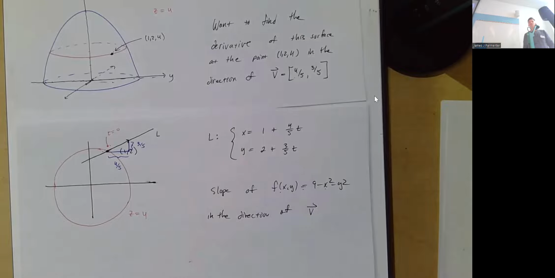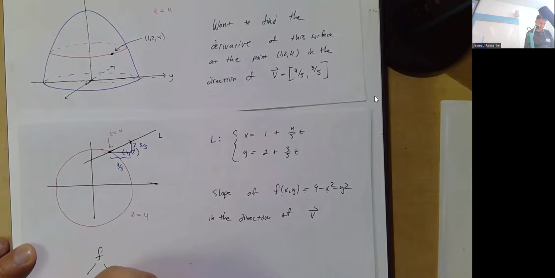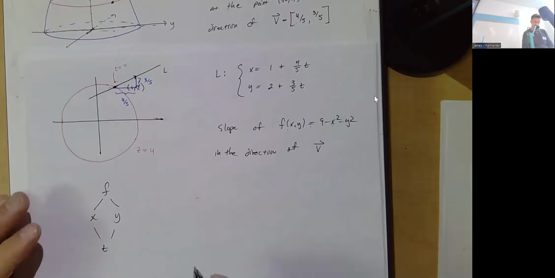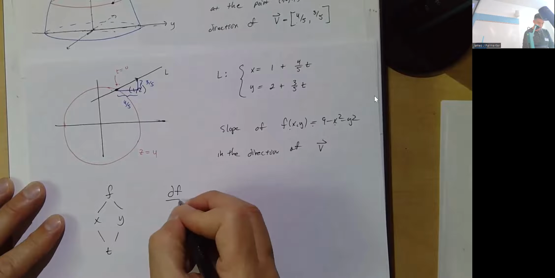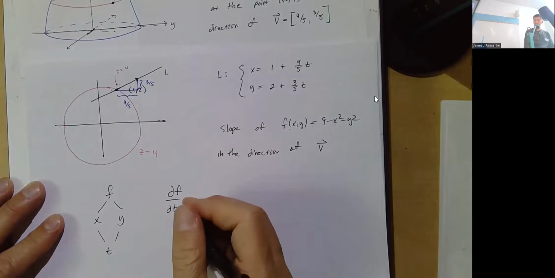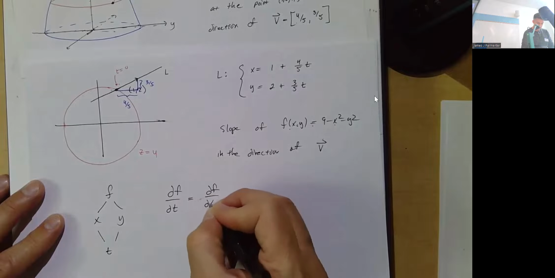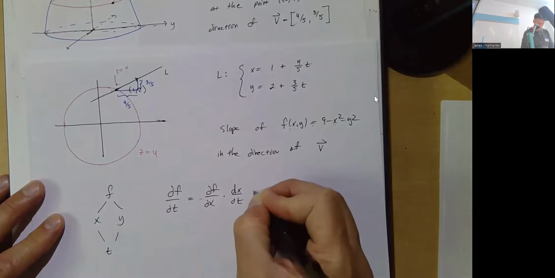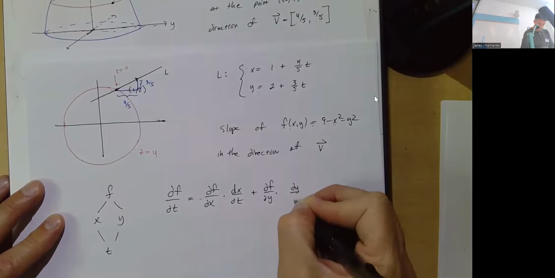Well, it sounds like a chain rule situation. f depends on x and y, and x and y both depend on t. So if I want to find the derivative of f with respect to t, df dt, it's going to equal del f del x times dx dt plus del f del y times dy dt.